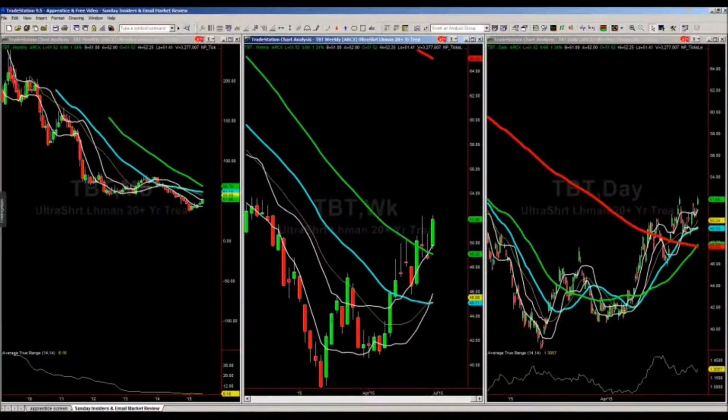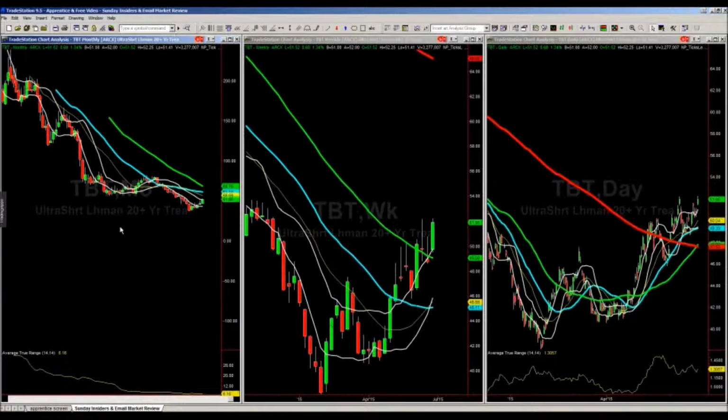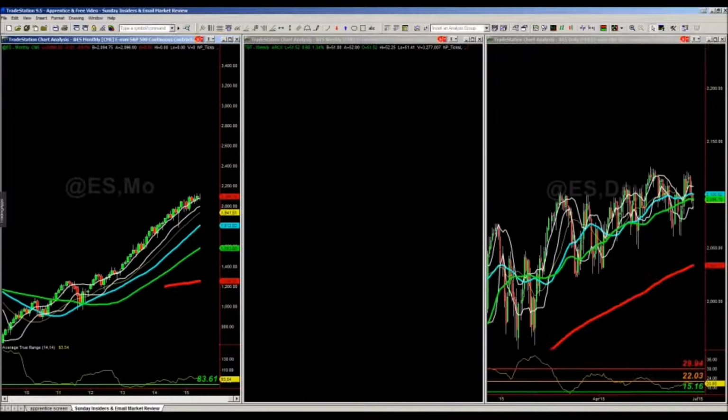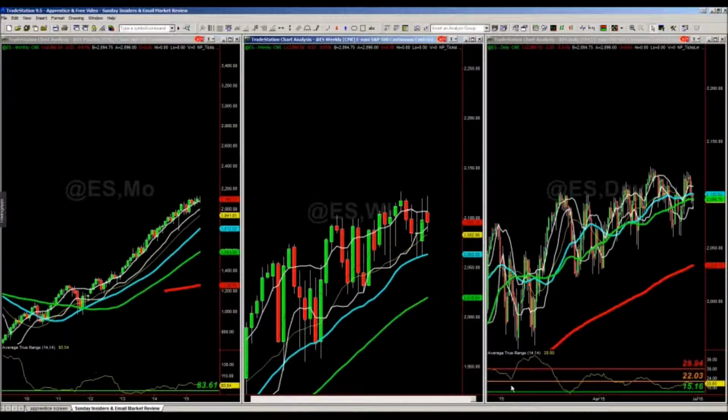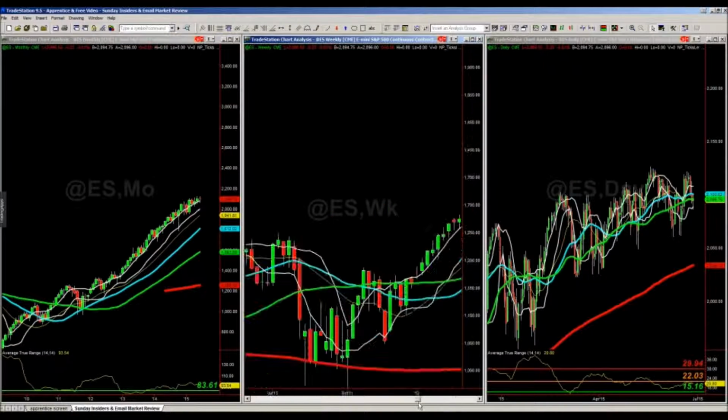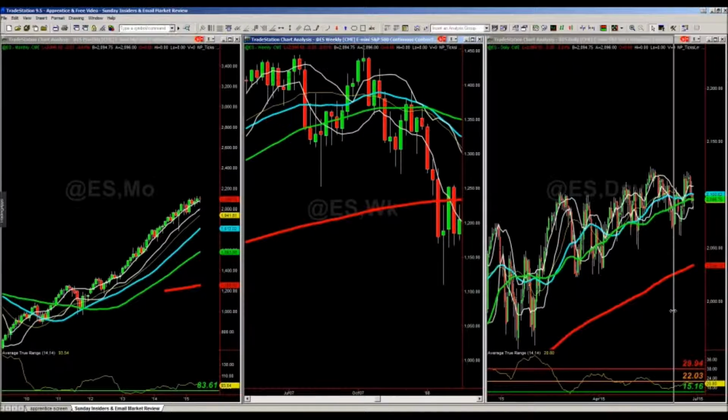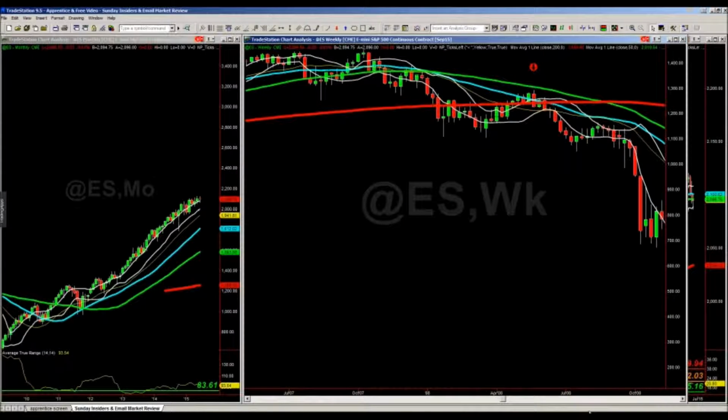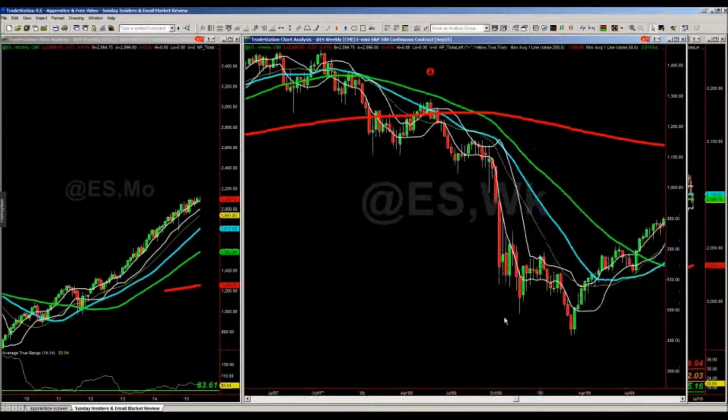Now let's go back and look at some charts. And I want to look at the ES. And it depends how you define a pullback, right? So let's just look at this on a weekly chart. And I want to go to 2000 and crashy time. Okay. Where is the higher low?